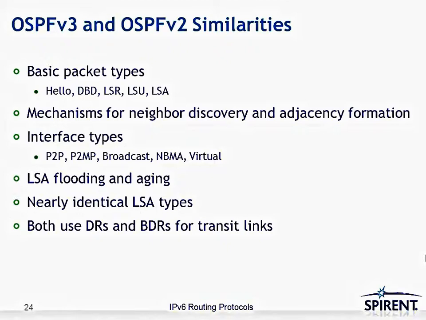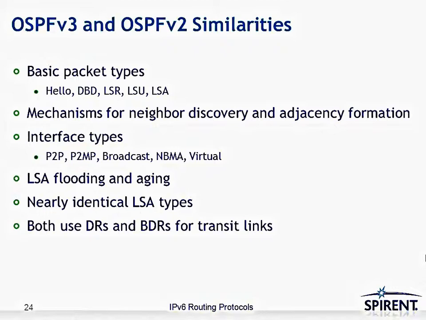Similarities between OSPF version 3 and OSPF version 2 are depicted here. Basic packet types are the same: hello, database description packets, link state requests, link state updates, link state advertisement packets. Those 5 are very similar. Mechanisms for neighbor discovery and adjacency formation are the same.